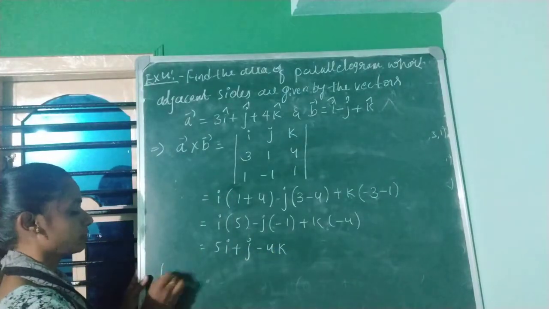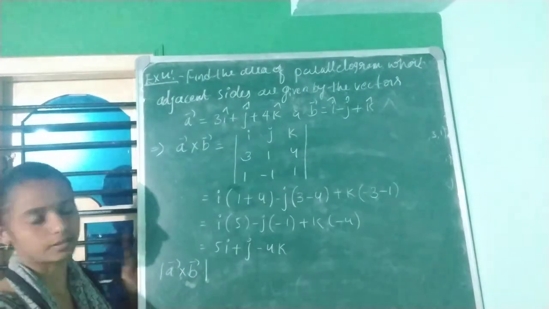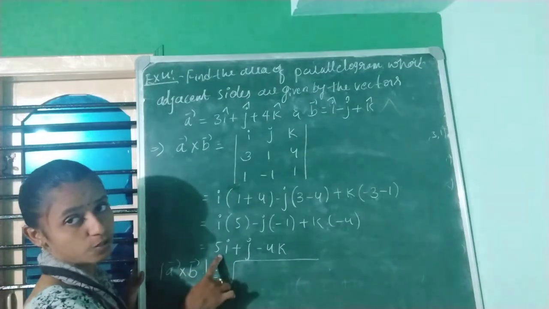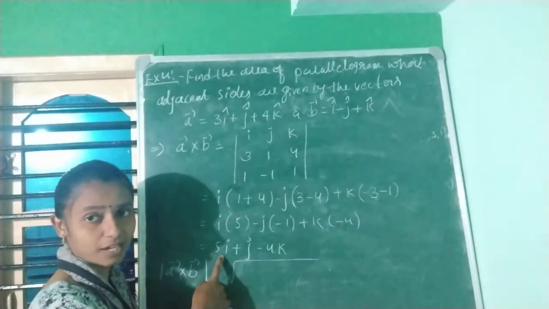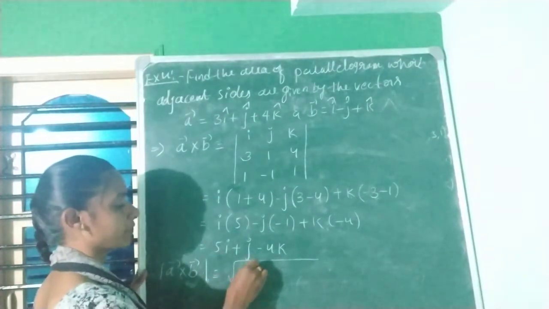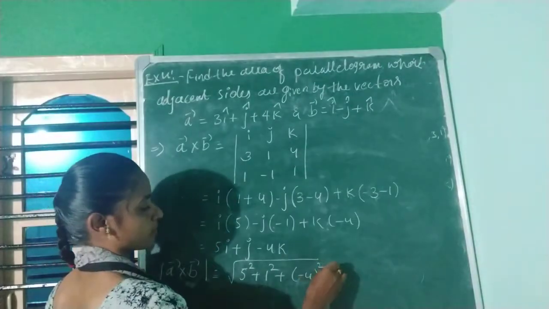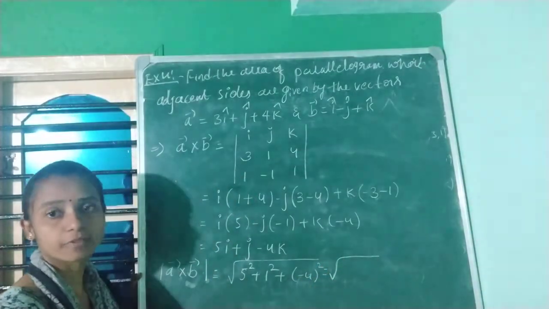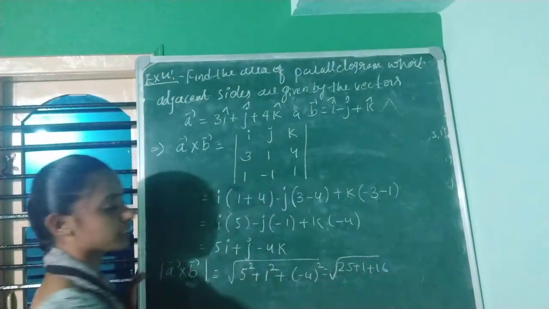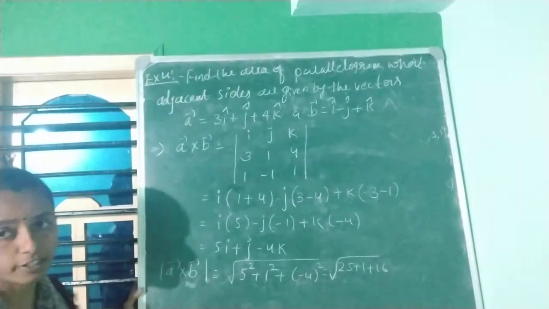So for this you need to take the magnitude of that one. That is what the required area of parallelogram. It is nothing but square root of the sum of the squares of the components of ijk, coefficients of ijk. 5 square plus 1 square plus minus 4 square is nothing but 5 square is 25 plus 1 plus 16, is 26, 42.